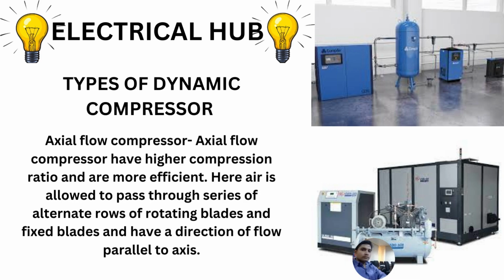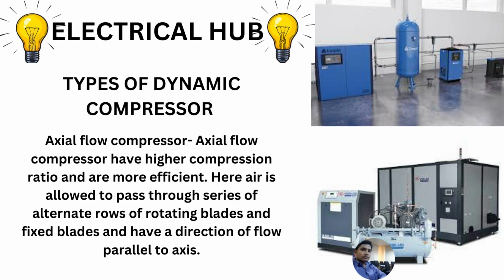There are two types of dynamic compressor. One is axial flow compressor and the other is radial flow compressor. The name is based on the direction of the flow. Axial flow compressors have higher compression ratio and are more efficient.